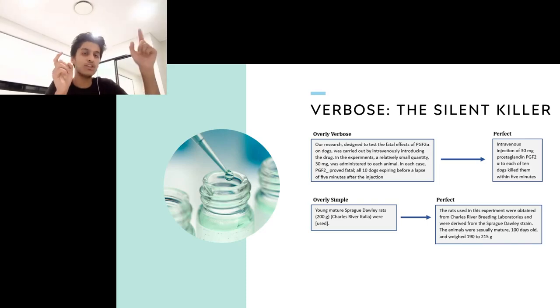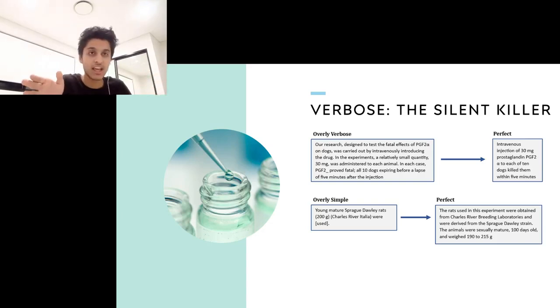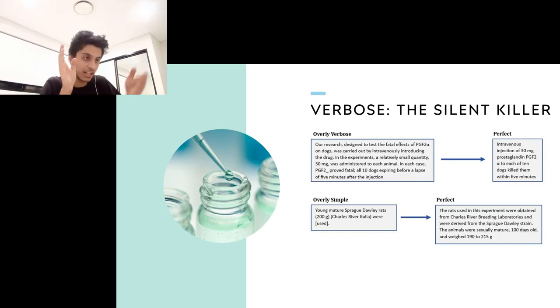You don't have to say a pendulum swinging slowly or swinging tirelessly. No, we don't need any of that. So you want to look at other papers in that specific field. Like in physics, if you're looking at classical physics, read a lot of classical physics papers and see what their sweet spot is. And that's how you find the correct amount of words in a sentence.